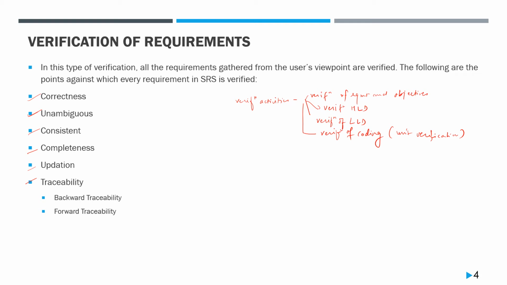So what we need to verify in this case is that every requirement has only one interpretation. Then second, every characteristic of the final product is described using a single unique term.